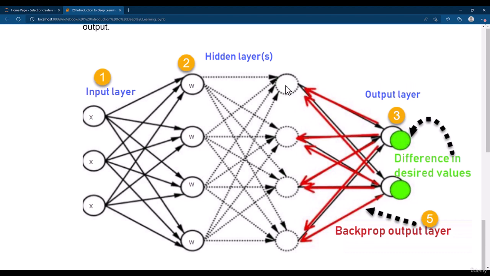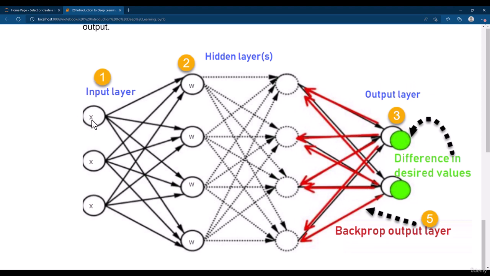The same thing happens here once again. If the output is not matching, it again sends information to the previous layer. So the previous layer also needs to set its weights, and this happens until the input layer. The process of doing this is known as the backpropagation process.